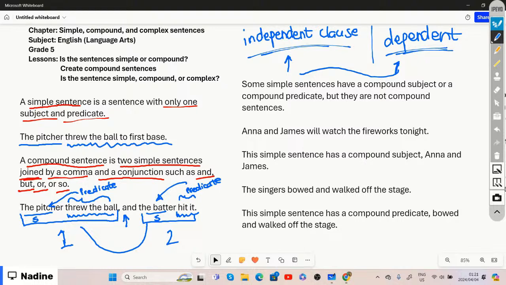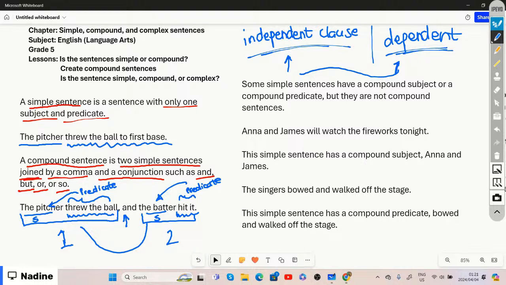So let's say we have a part of a sentence that has a subject as well as a predicate and it stands on its own. It makes a complete sentence already. And then we have a part of a sentence that is not a complete sentence.